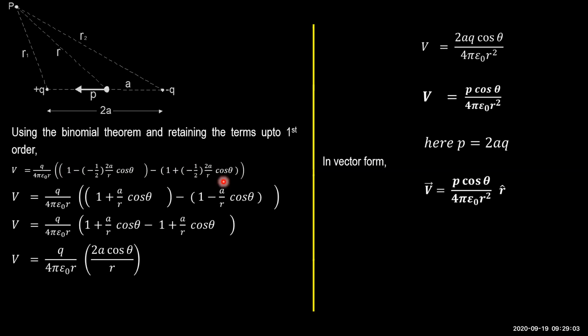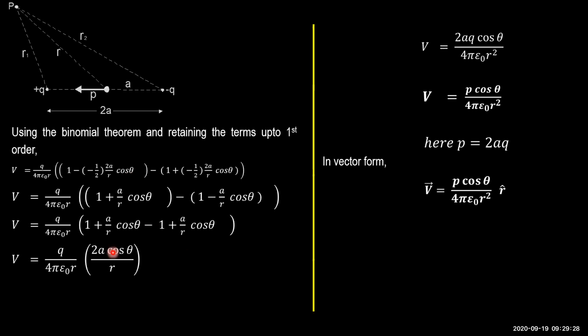In the second term also the same thing: the minus 1 by 2 is taken as the product with the coefficient of cos theta. That is the major change we find, done using the binomial theorem and retaining the whole expression for first order.